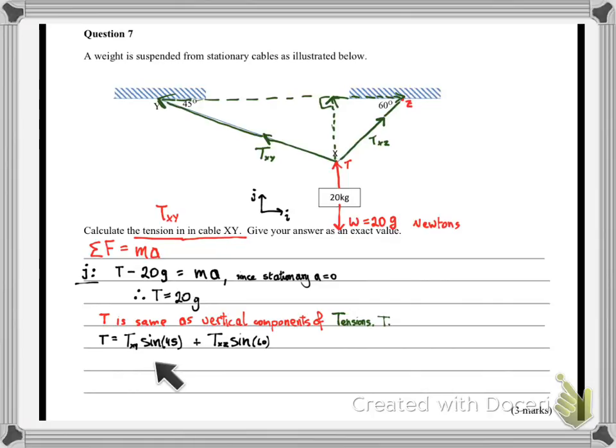The addition of those two vertical components has to be the same as the tension in this little cable there.